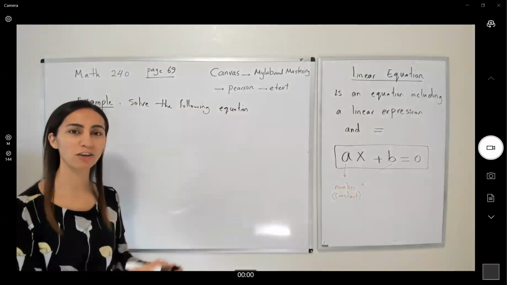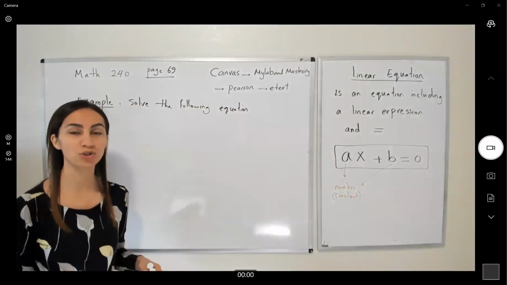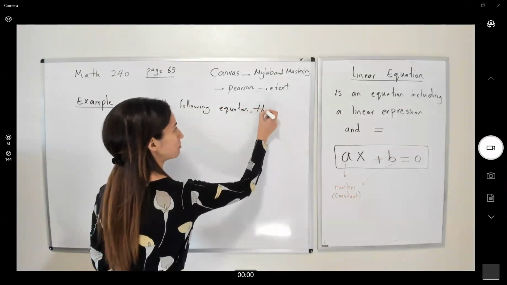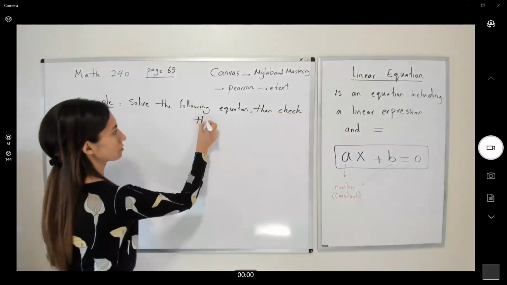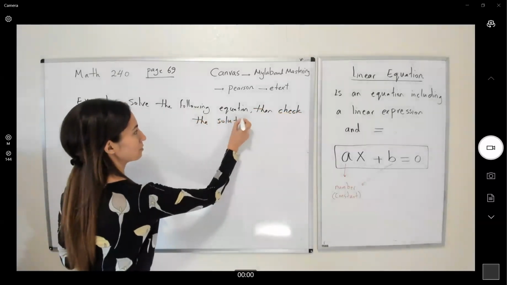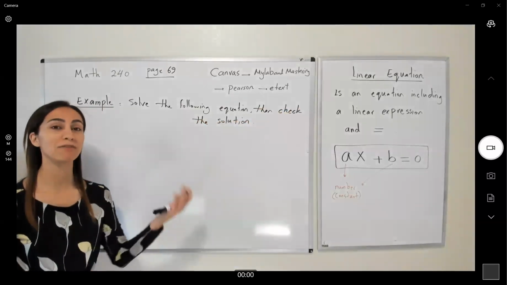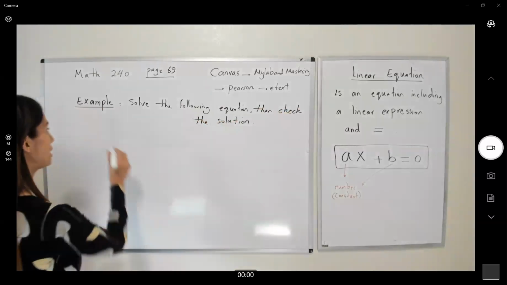Remember, after solving a linear equation or any equation, your job is to check the solution. So in this example, we have this linear equation which says you have 2x plus 3 equals 9.